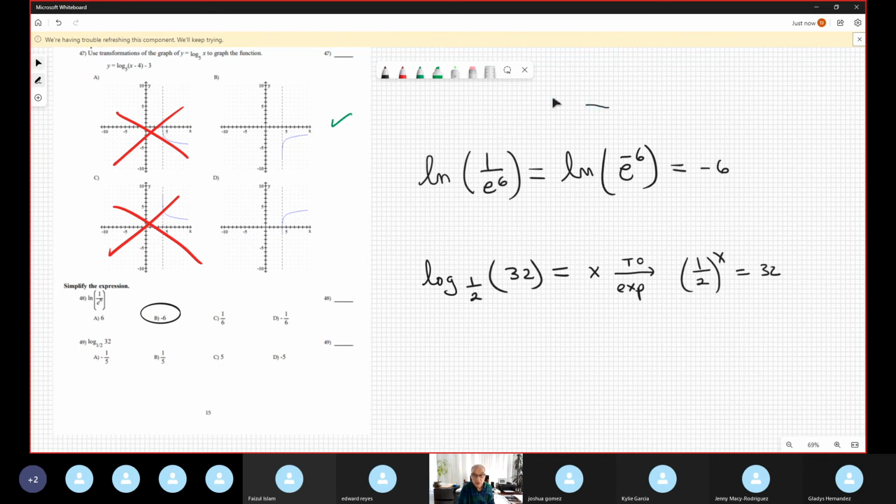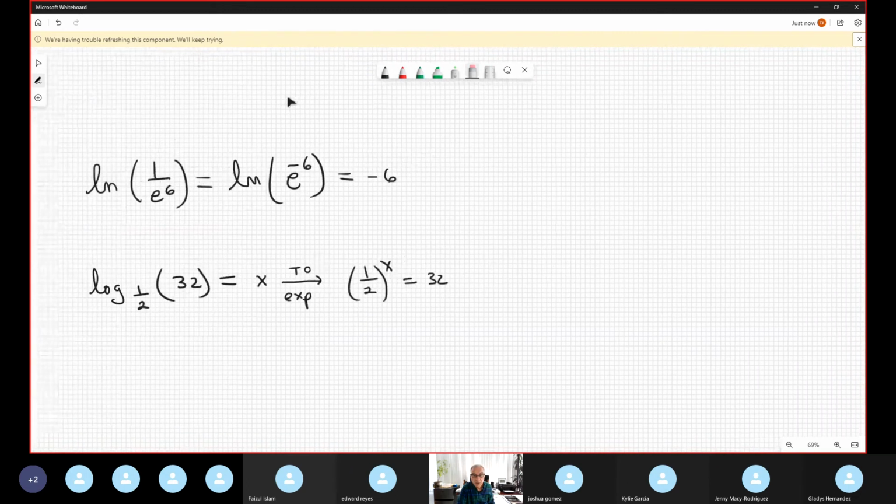Let me erase that part. 1/2 is 2 to the negative 1, and 32 is 2 to the 5th power.